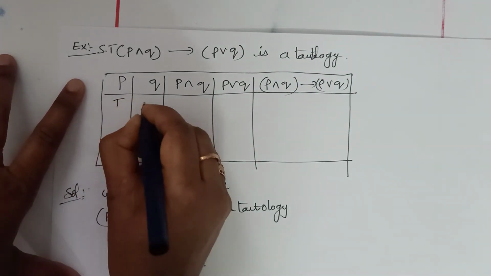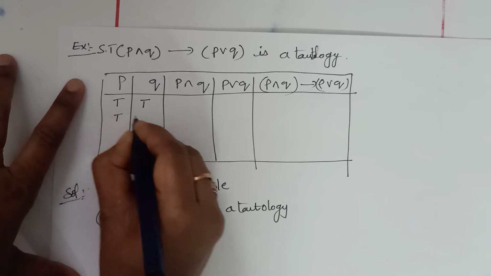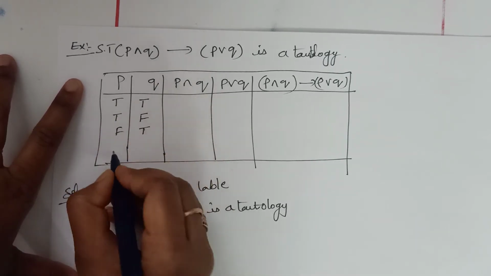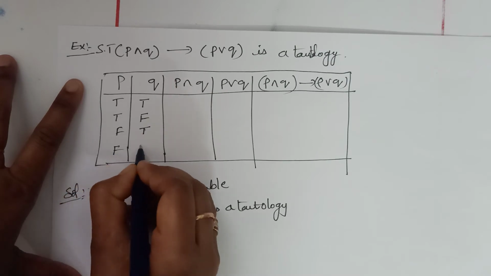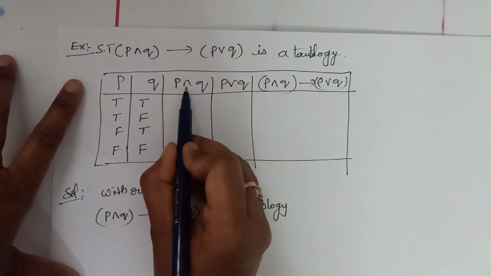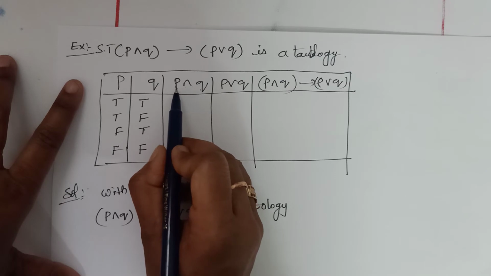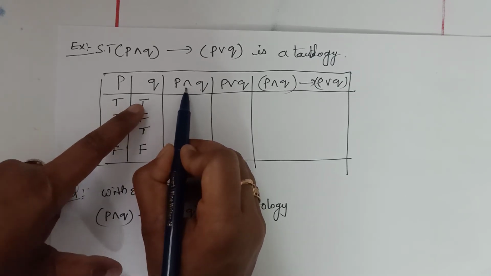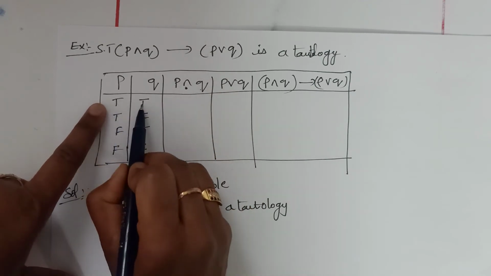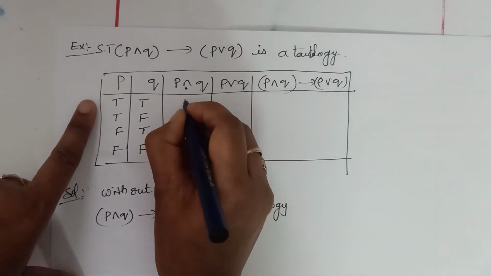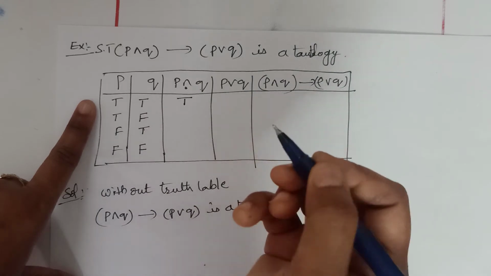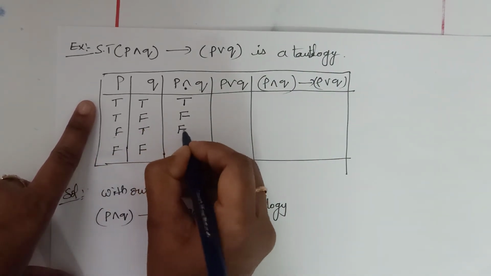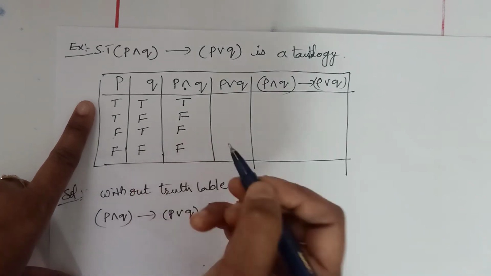P, Q: true, true; true, false; false, true; and false, false. In this AND connective, only when P and Q both have truth value true is P and Q true. And here it is false, false, false.